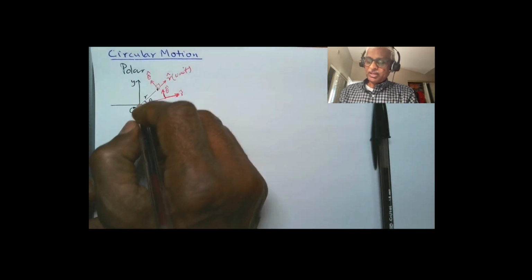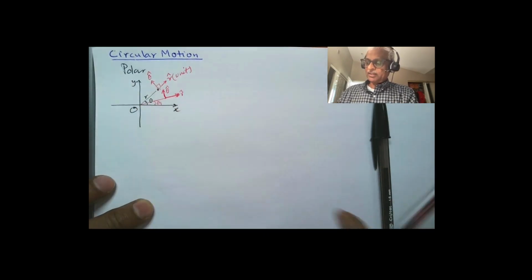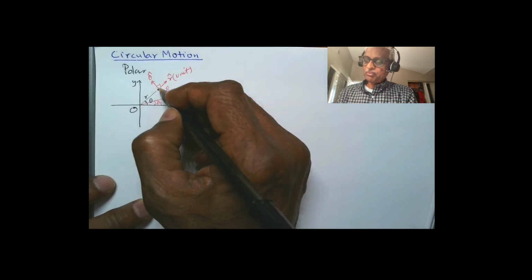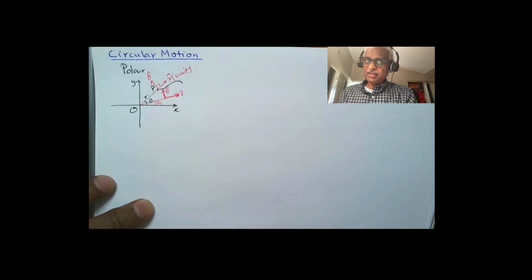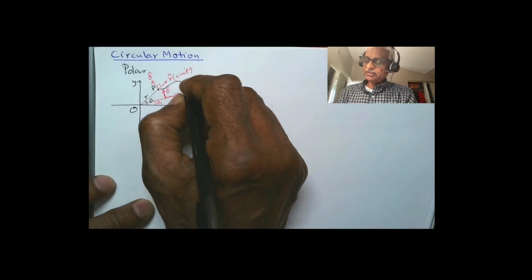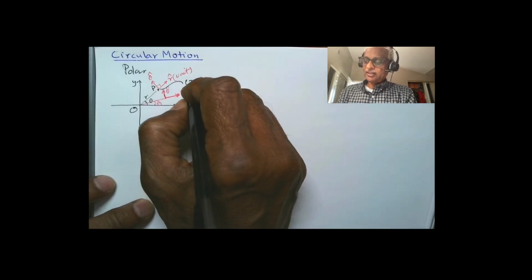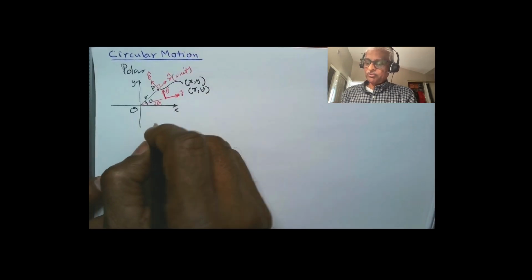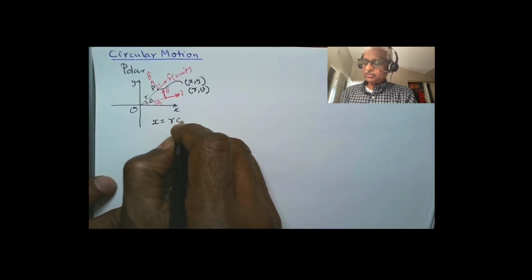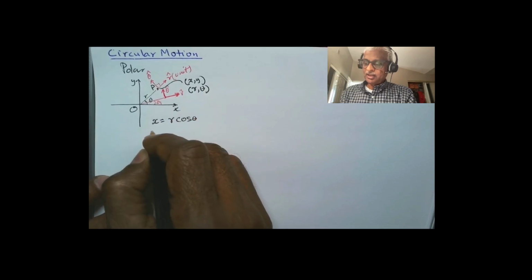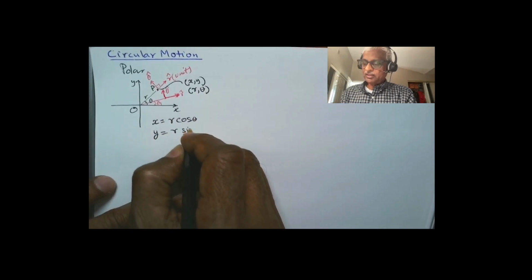Going back to r and theta, suppose this point is P, and its Cartesian coordinates are x, y, and its polar coordinates are r, theta. Then you have the following relation: x equals r cosine theta, and y equals r sine theta.